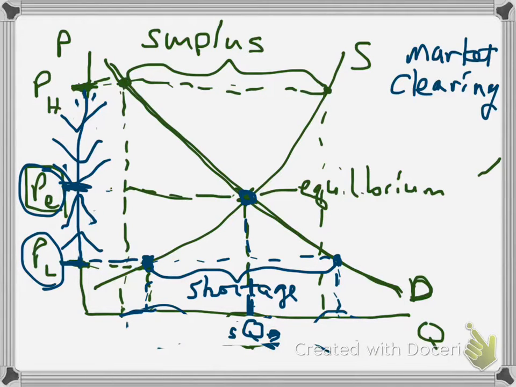You can end up with a shortage of quantity and quality in rent controls. And these are all situations where a price was arbitrarily set that was not necessarily equilibrium. The market's not going to clear.